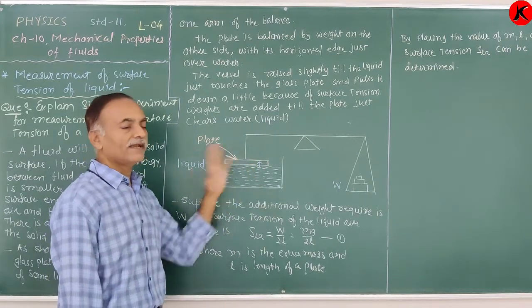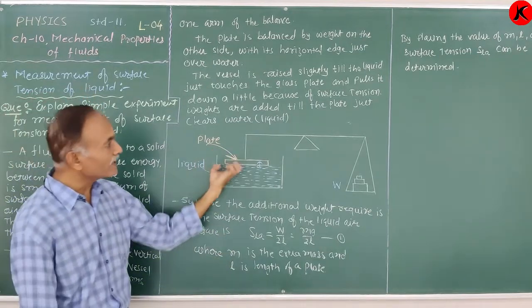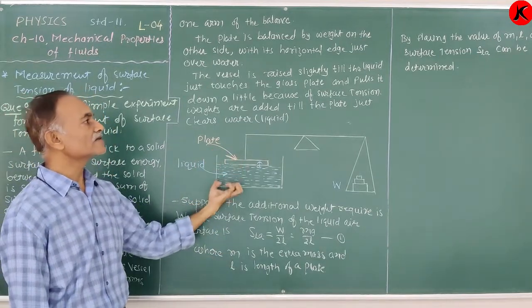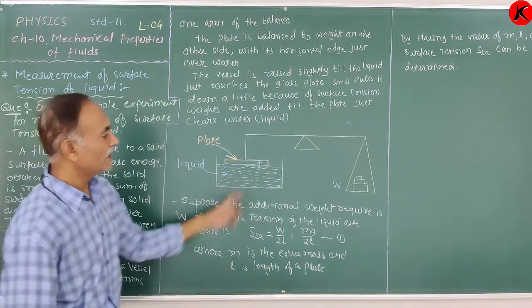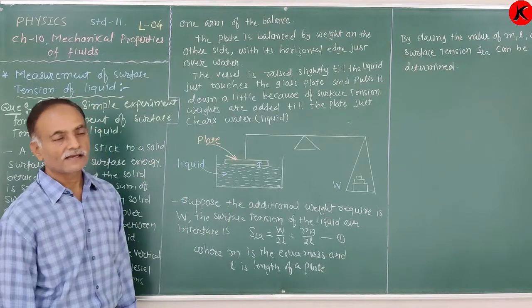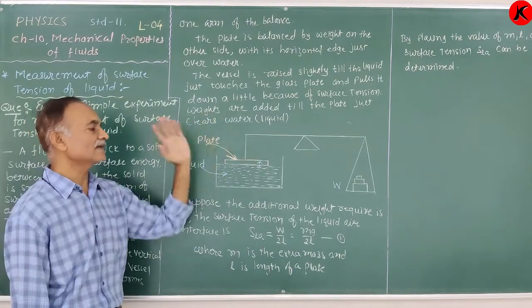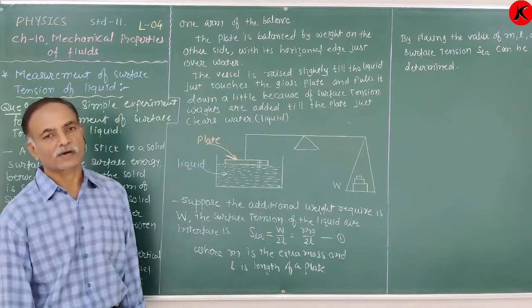When the liquid just touches the glass plate, it is pulled down due to the surface tension. Therefore, additional weight is required to balance the glass plate in such a way that it just clears the water, or just detaches from the water.